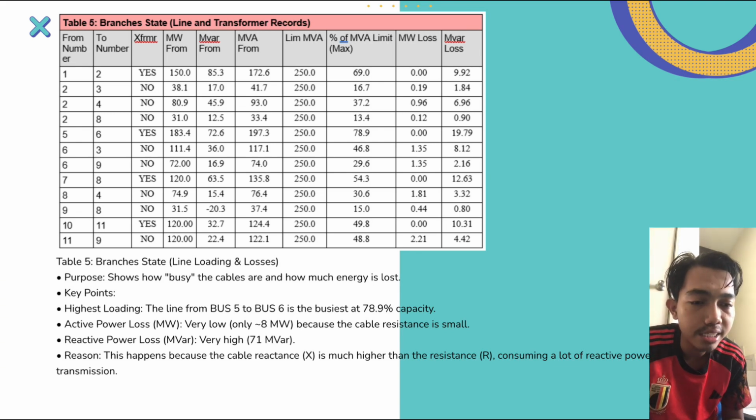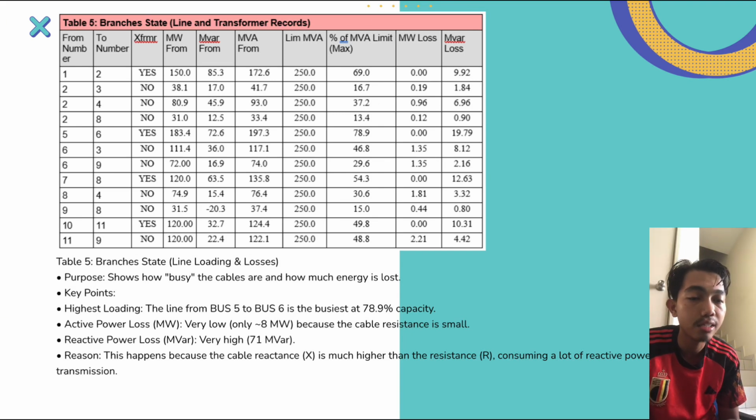The key point is the highest loading is the line from bus 5 to bus 6 at 78.9% capacity. Active power loss in megawatts is very low, only 8 megawatts, because the cable resistance is small.